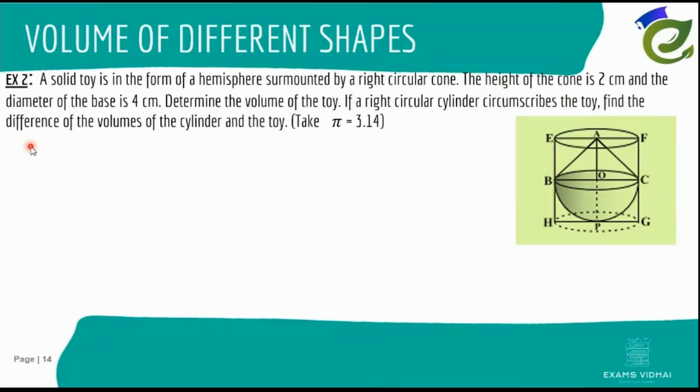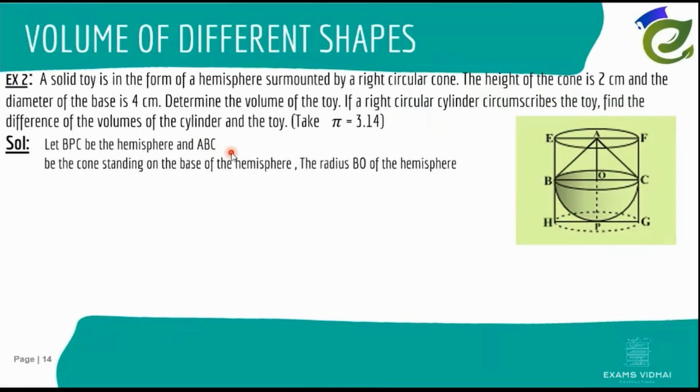So let's see the procedure. Here BPC is the hemisphere and ABC is the cone standing on the base of the hemisphere.